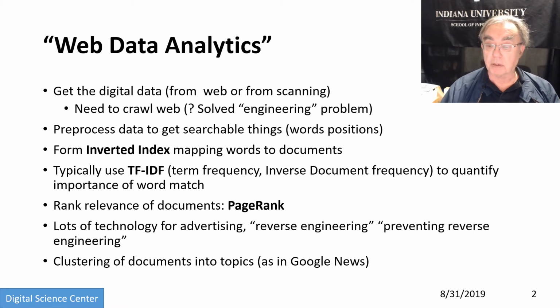You have to do a lot of reverse engineering so that you make your site very attractive for a search engine. So you get lots of people coming to your site, which gives you lots of money from the advertisers on your site. And of course, the search engines are doing the prevention of reverse engineering and punishing you for doing that.